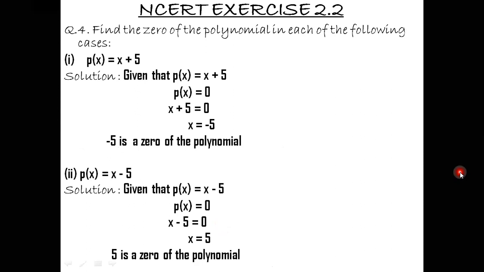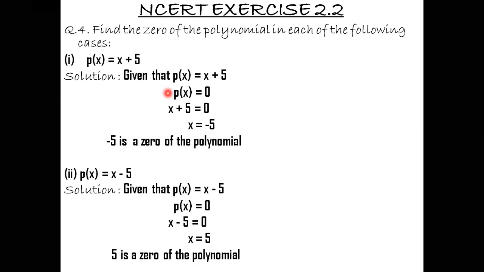Let us solve question number 4 of NCERT exercise 2.2, which says find the 0 of the polynomial in each of the following cases. It's very simple, my dear students. Let us take the first one. P of x is equal to x plus 5. All that we have to do is consider that P of x is equal to 0.